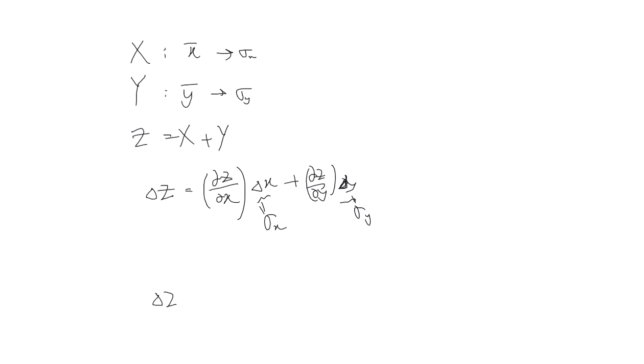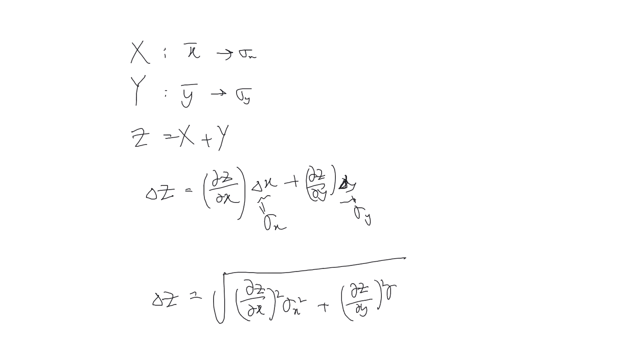So Δz is the square root of (∂z/∂x) squared sigma x squared plus (∂z/∂y) squared sigma y squared. So ∂z/∂x is 1, so 1 times sigma x plus this here also 1 times sigma y. So sigma x plus sigma y.